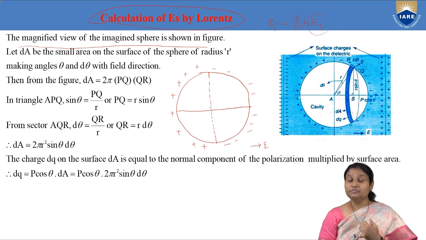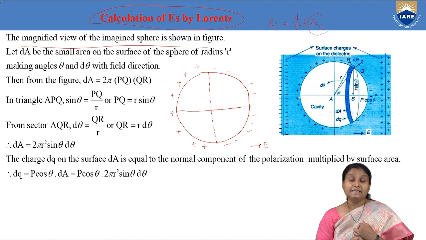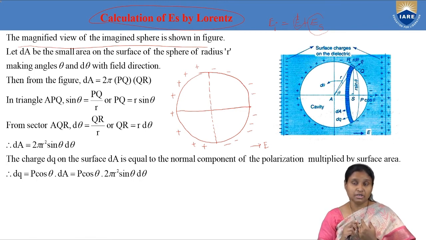The second step is to find the charge distribution on this small strip imagined on the surface of the sphere. Next, I'll find the electric field because of this charge distribution on the small area. And if I want to know the total electric field because of charges on the entire surface of the sphere, then I have to integrate it. This is the step I'm going to follow here.